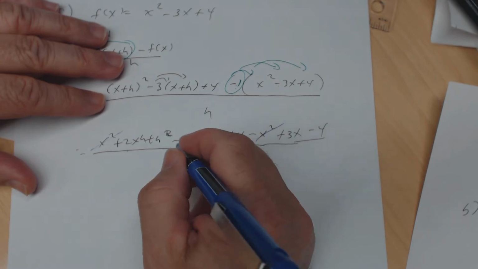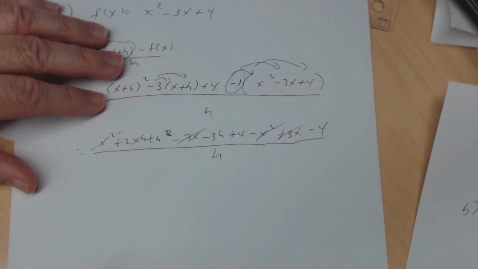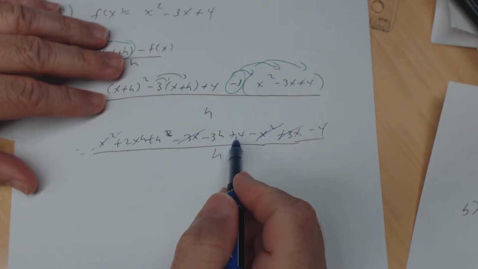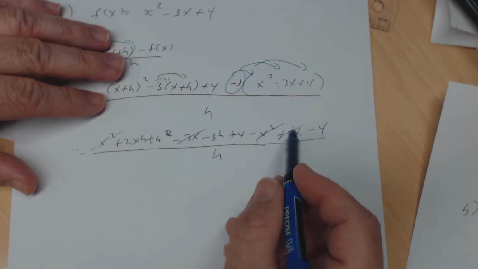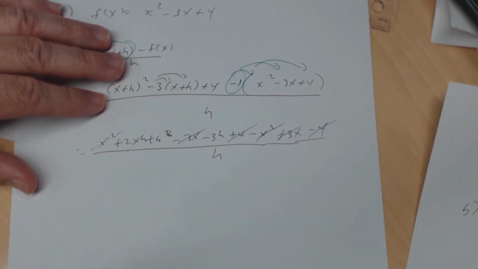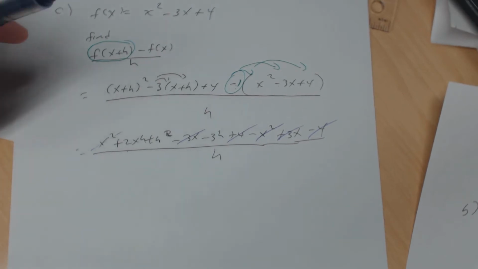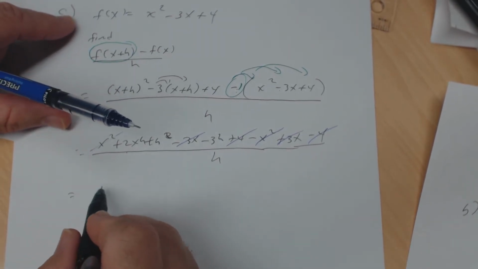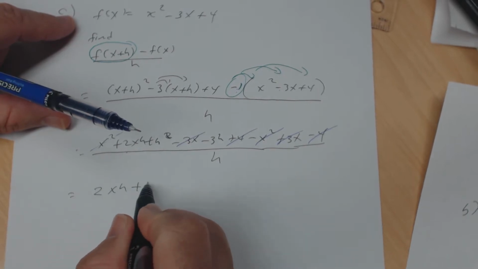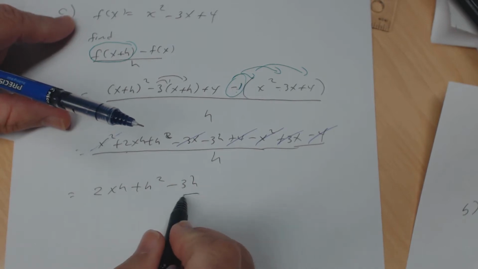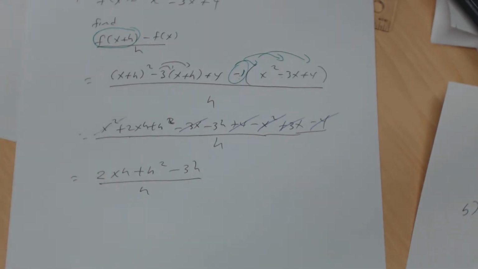It's right here. So when I add them up, that's 0. This has a factor of h in it, so it stays. This does not have a factor of h, its opposite better be somewhere else, and it is. So when I add those up, it cancels out. So notice what's left. Everything that's left has a factor of h. So write it out: 2xh plus h squared minus 3h, all over h. So that's where I'm at.